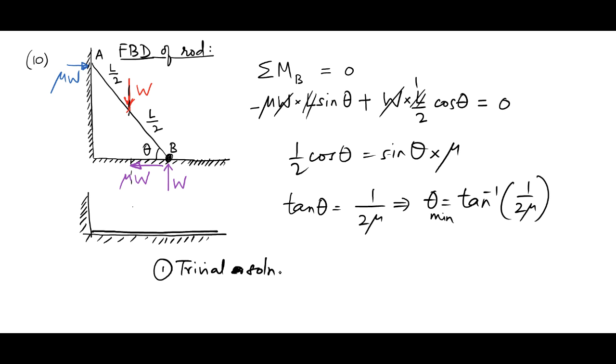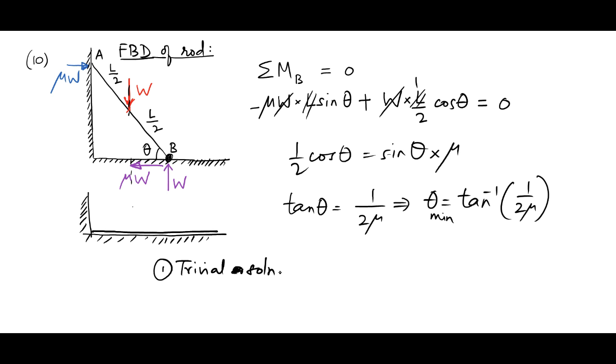Just reading the problem, it is pretty clear that given the situation, the rod will be in static equilibrium for theta equal to 0. So we are assuming that the problem doesn't want us to find this trivial solution.